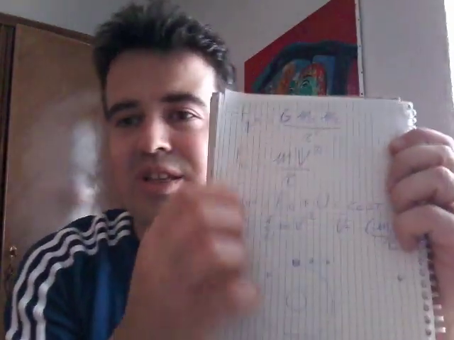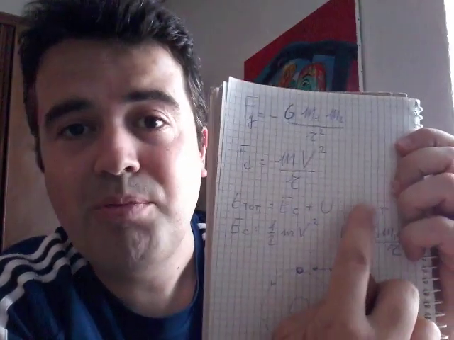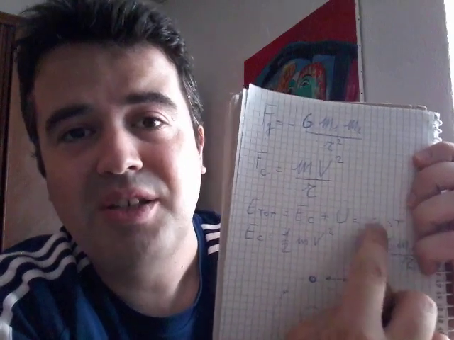So we have potential energy increasing, kinetic energy increasing. The total amount of the energy, as we can see here, is not staying constant, but is increasing.